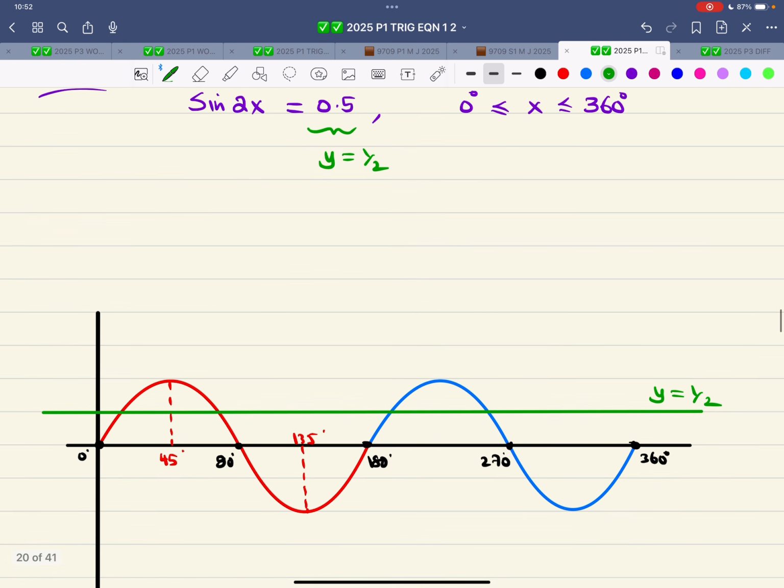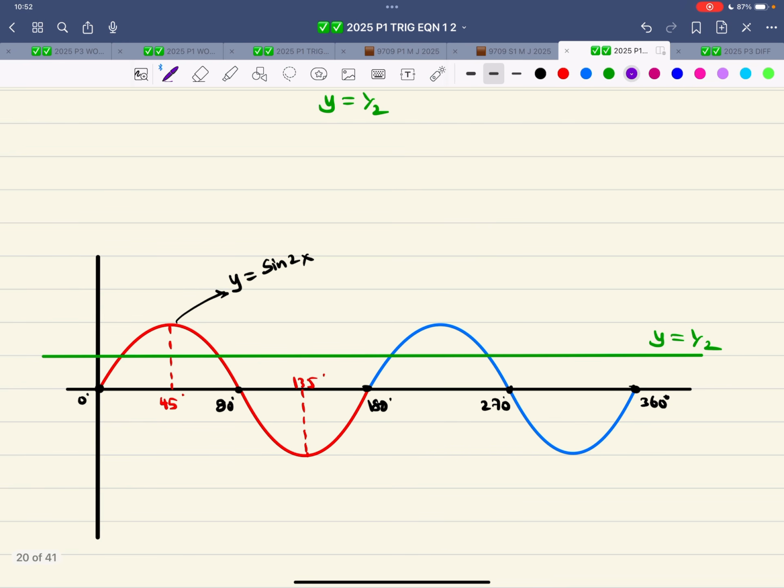And this blue and the other color, that's red. These two are y equals sine 2x. Now, first thing first, how many points of intersection do you see? You see the first point, the second point, the third point, the fourth point.